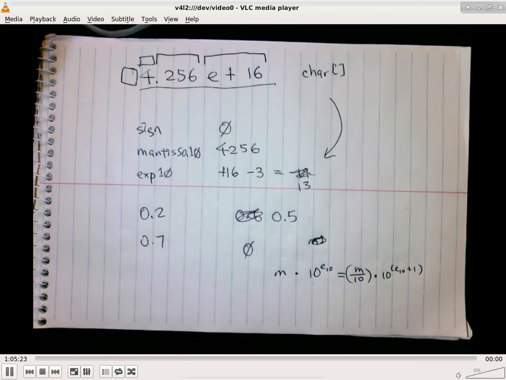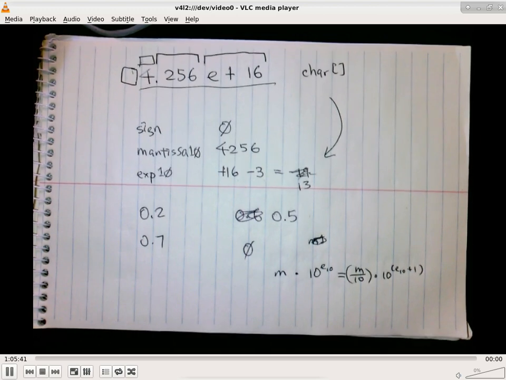That is what I'm getting to. So when we increase the exponent of 10 by 1, we have to divide the mantissa by 10. All right? That by itself seems really easy to do. We just have to divide the mantissa and then increment e10 and we're done.